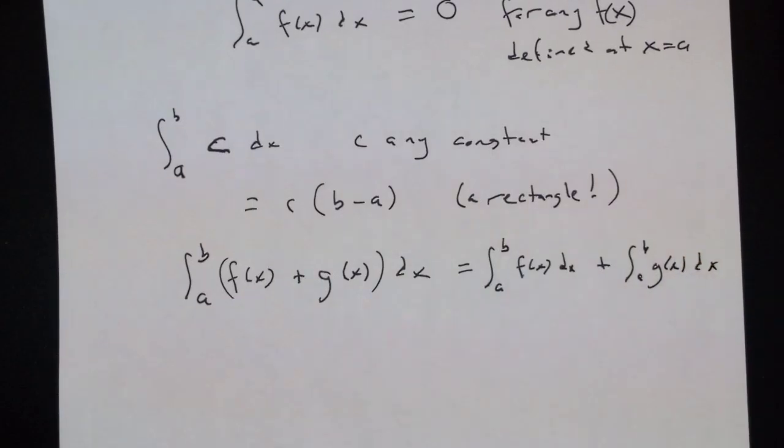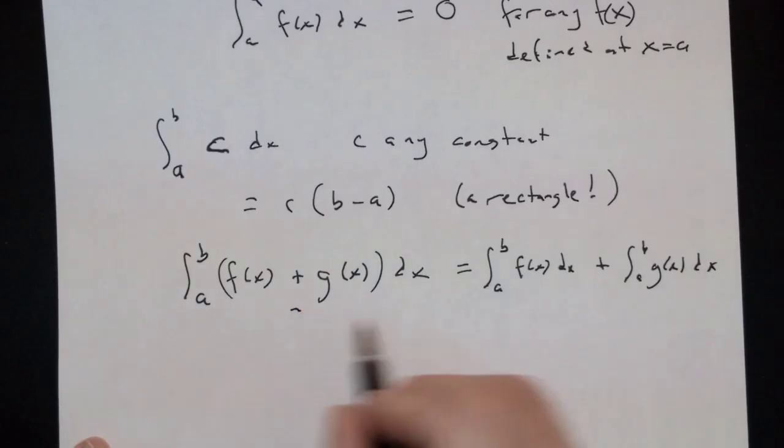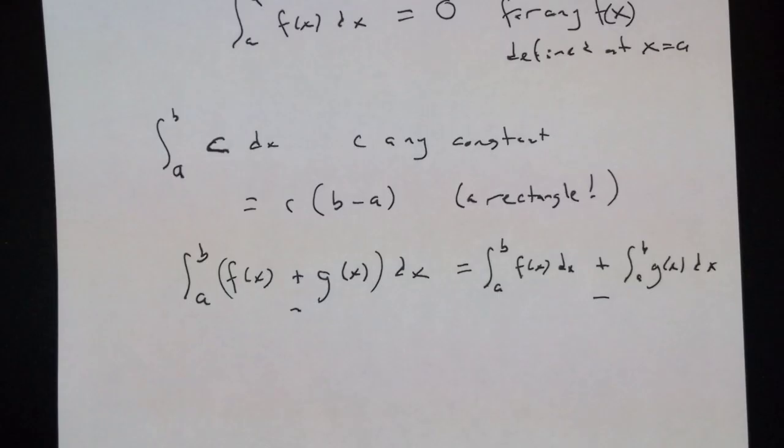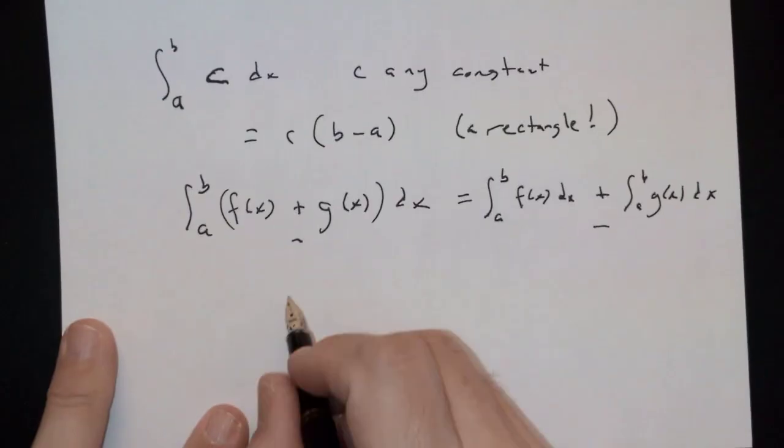It also doesn't matter whether I'm adding or subtracting. So if there was a minus sign here, there'd be a minus sign here. Back when we were first doing derivatives, when we were first doing limits, we said, what if I have a 3 everywhere inside my limit? I can take it out front. The same thing can be done here.